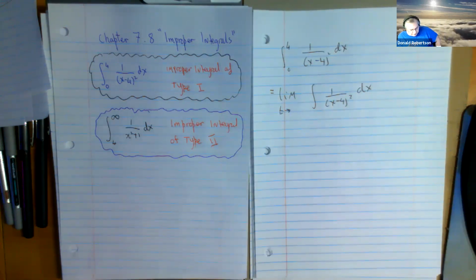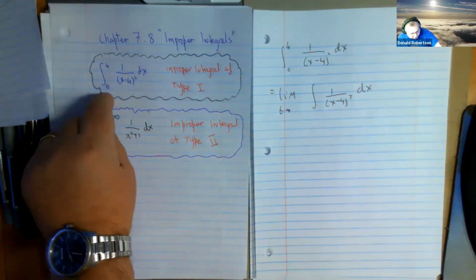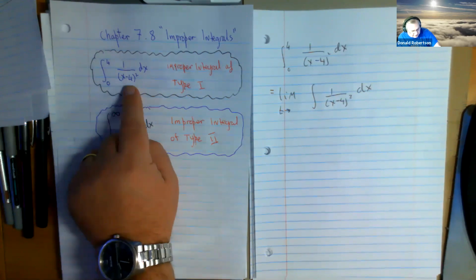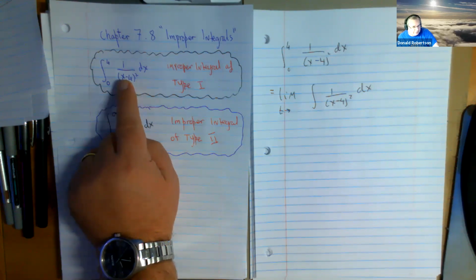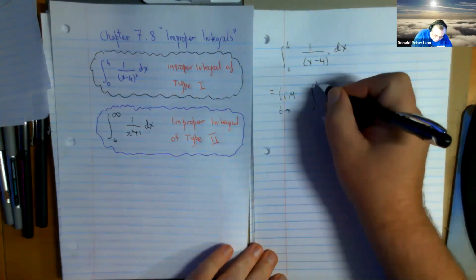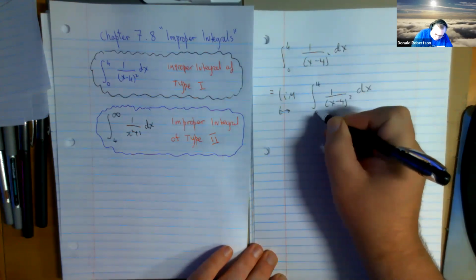But when you've got a type 1 improper integral, it's not that the limits of integration have infinity, it's that the function has an infinite, and normally a vertical asymptote. Would you agree in this case it's at 4? So what you do is you put a 4 here, and that stays put as a 0 in this case.